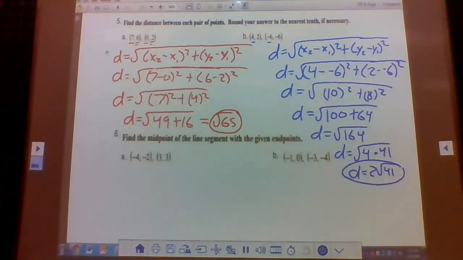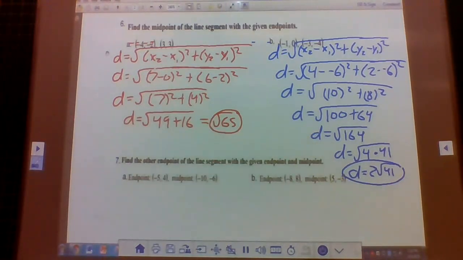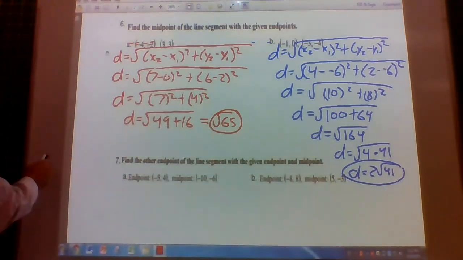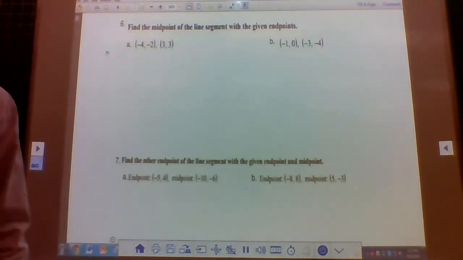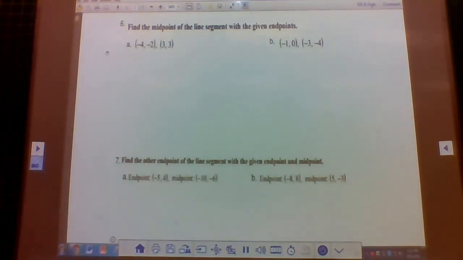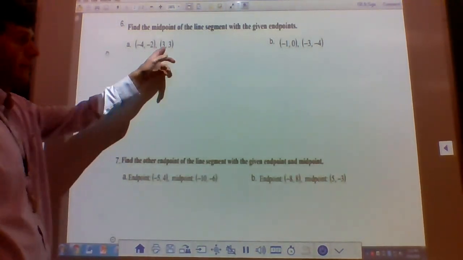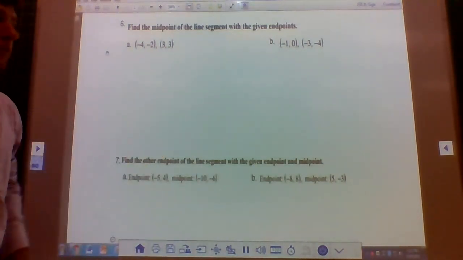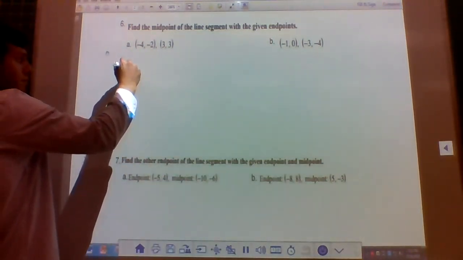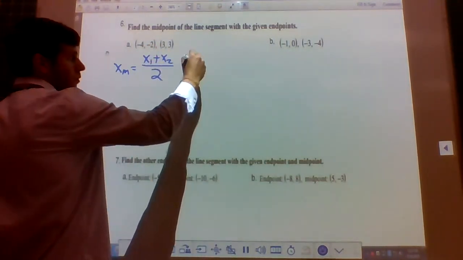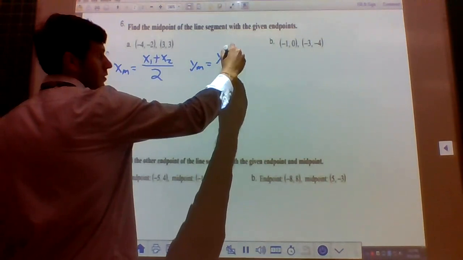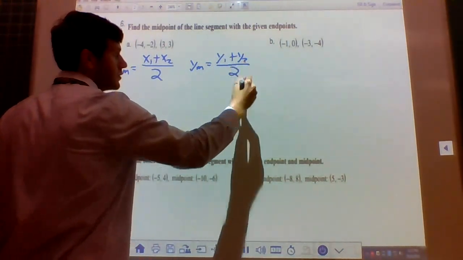All right, 6 asks for the midpoint. So we need to find, there's 2 coordinates here, 2 points with 2 coordinates in each point. So we need to find the average, so the midpoint of the x values, and the average or the midpoint of the y values. So our 2 equations here are xm equals x1 plus x2 over 2. ym equals y1 plus y2 over 2.